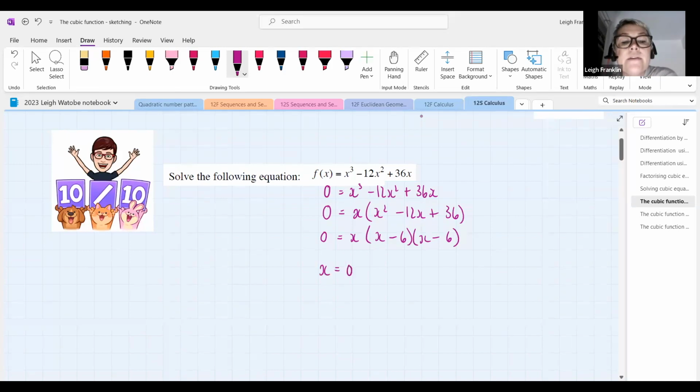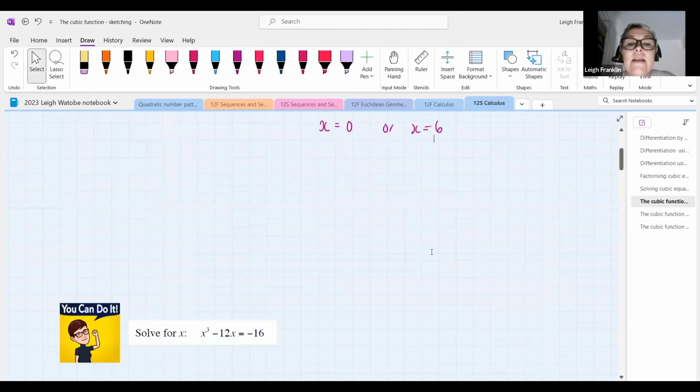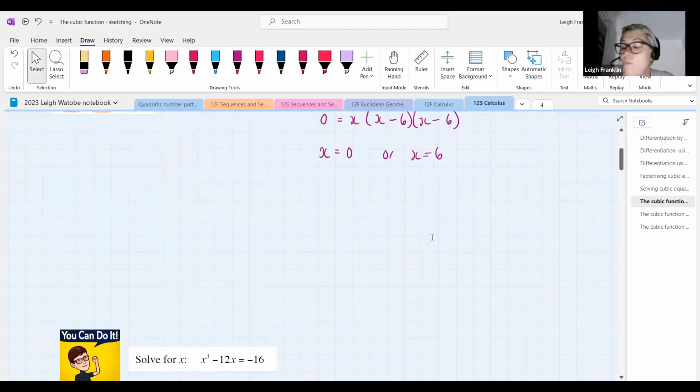So either x is 0 or x is 6. When this bracket doubles up, so I've got an x minus 6 times an x minus 6, it means something very specific, but I'm not going to talk about what that means right now. Well done. So I've got 2 solutions.